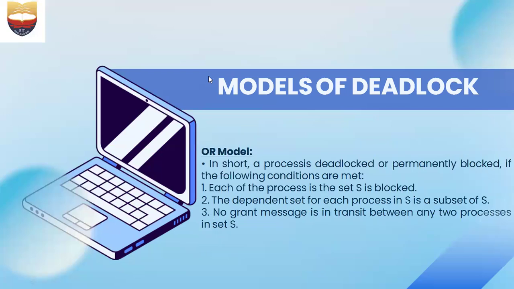In short, a process is deadlocked or permanently blocked if the following conditions are met. Each of the processes in the set S is blocked.